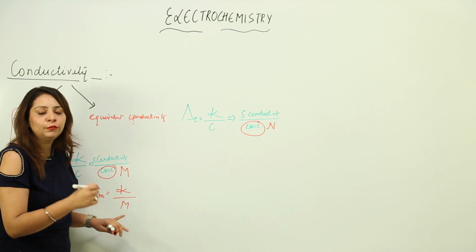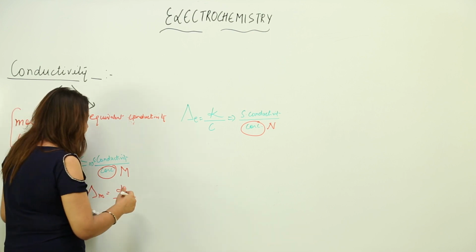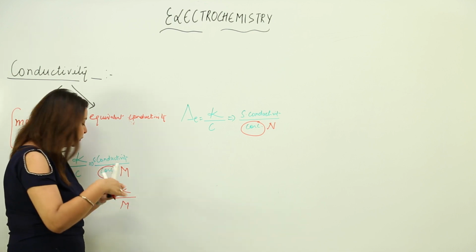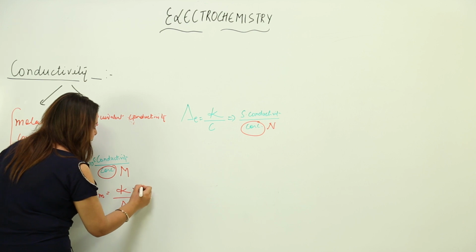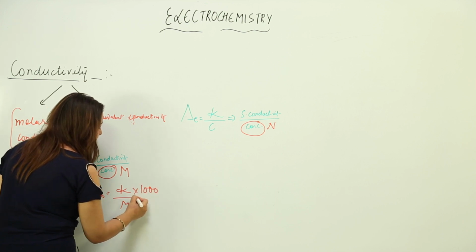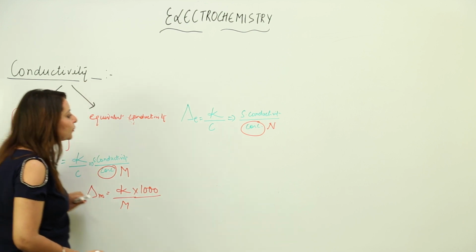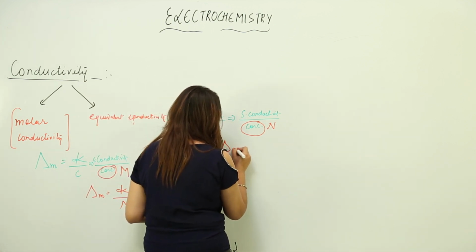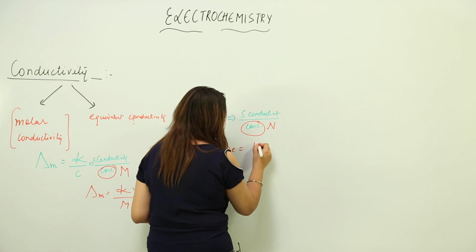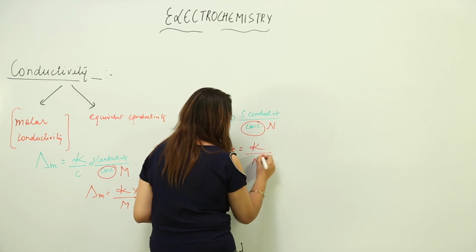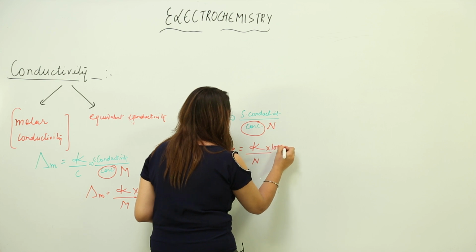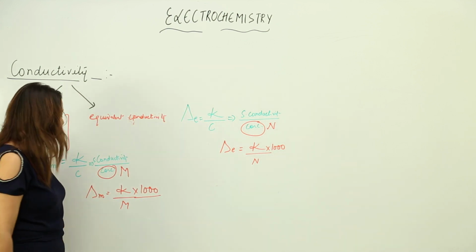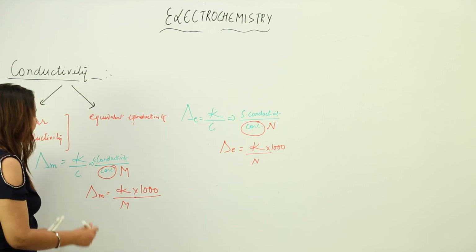If we change the unit of the volume from liter to centimeter cubed, you may write the equation as kappa into 1000 upon molarity. In the same way, lambda E is equal to kappa upon normality, and changing the units of volume, kappa into 1000 upon normality.